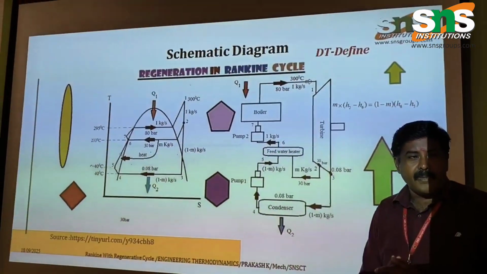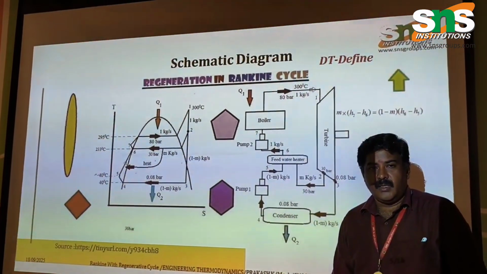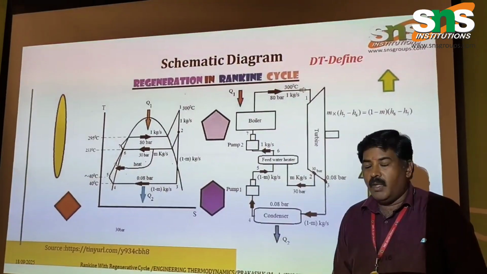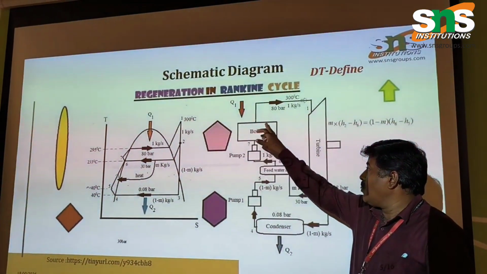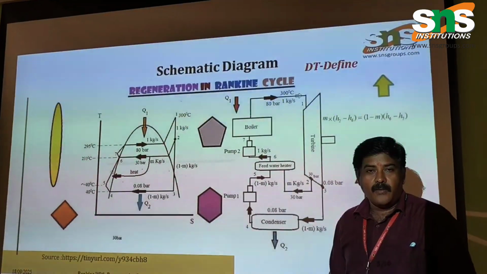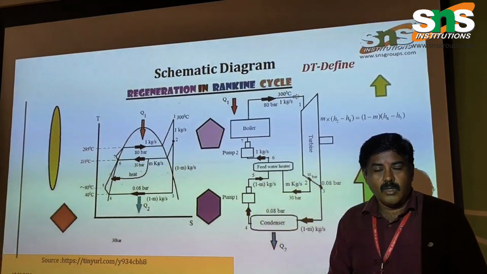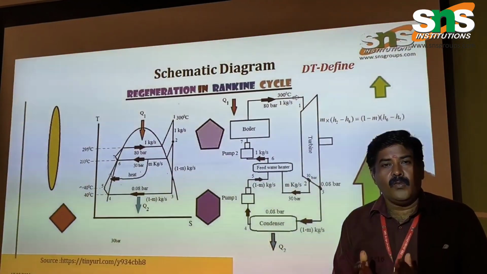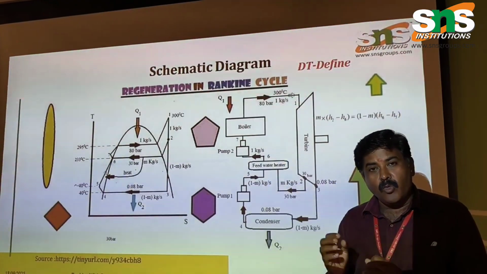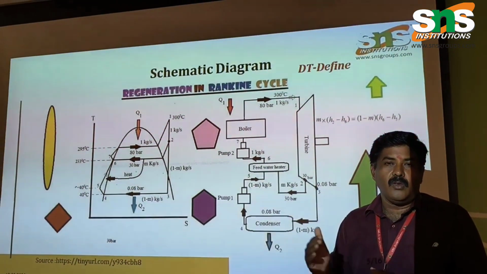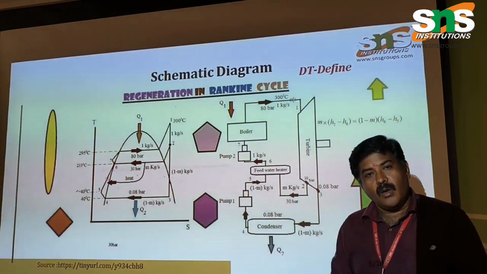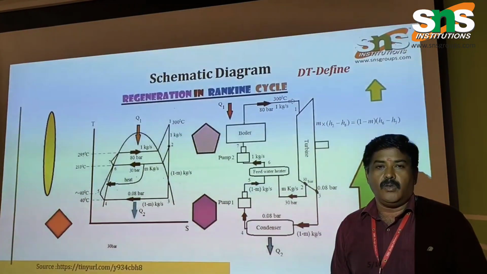What is the purpose of this feedwater heater? The heat needed to convert the water into steam in the boiler is reduced, so it automatically saves fuel cost and fuel usage. As fuel cost and usage are reduced, pollution is also reduced.